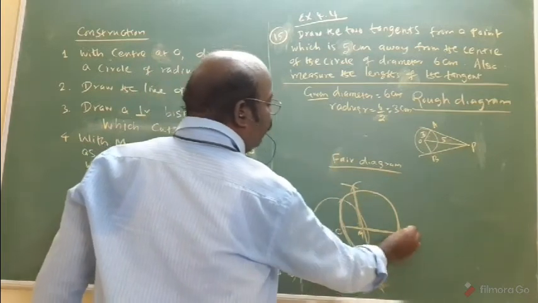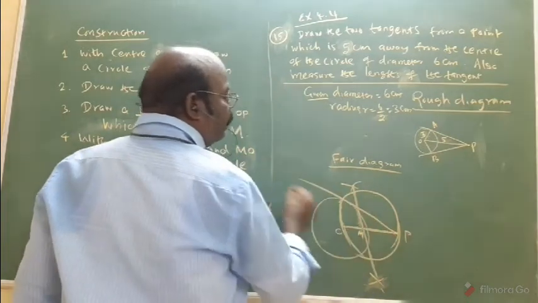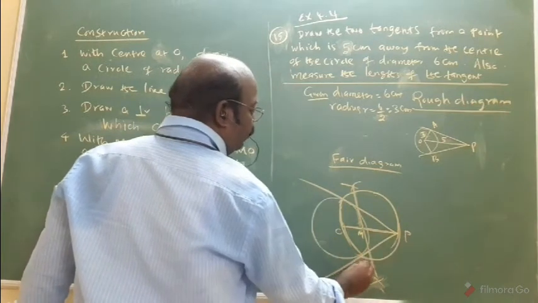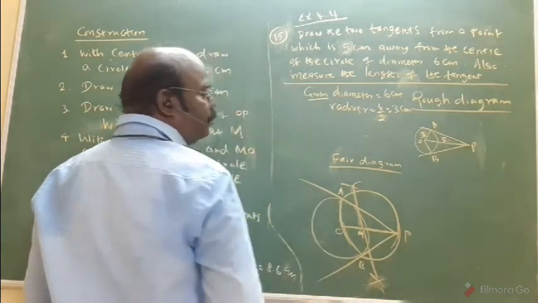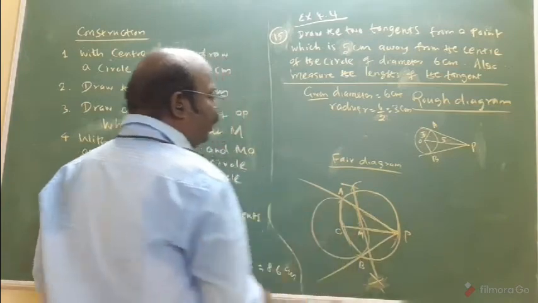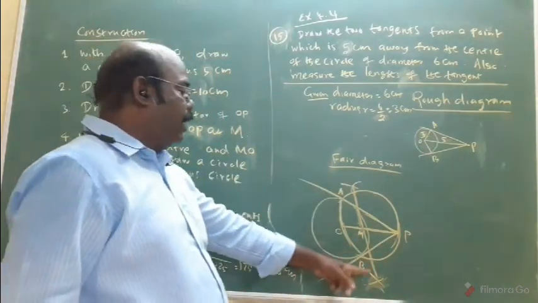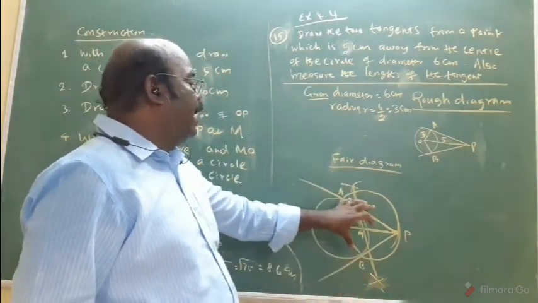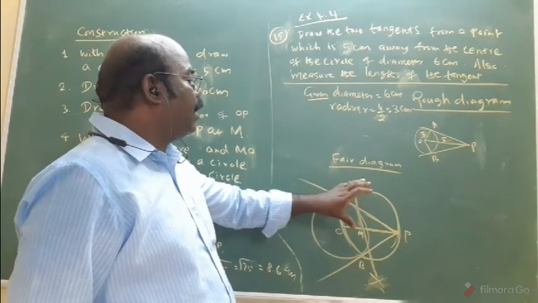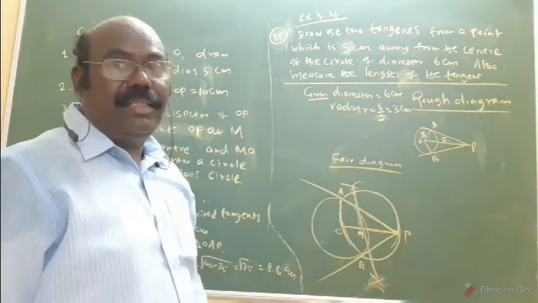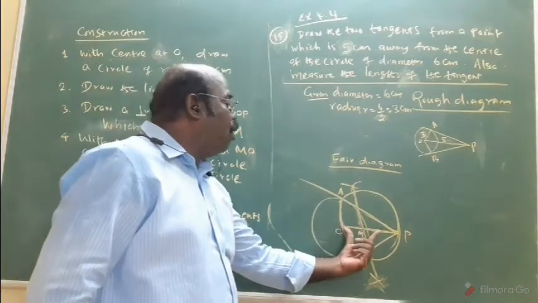Now join the points A, P, and Q, B to A, B to B. This is very important, already told you. The arc may be inside the circle, on the circle, or outside the circle. That is not a matter, because we take more than half of the length.